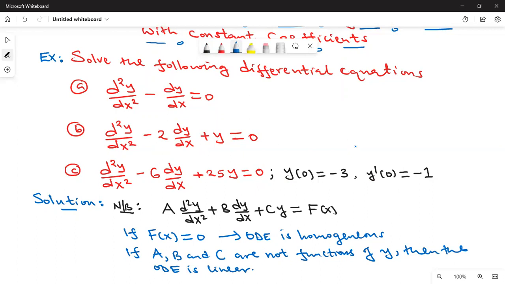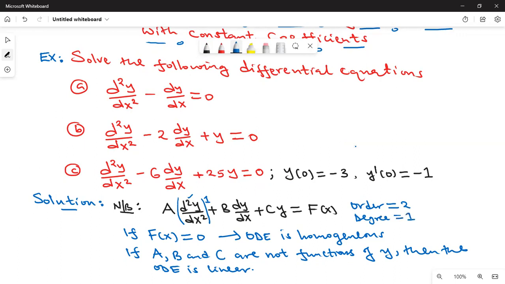Of course, the order is 2 because the highest derivative in the equation is 2. So the order is 2 and the degree is 1. The power of the highest derivative is 1. So the 2 here is the order, and this is raised to power 1, so the 1 there is the degree. So this equation is of order 2, and degree is equal to 1.